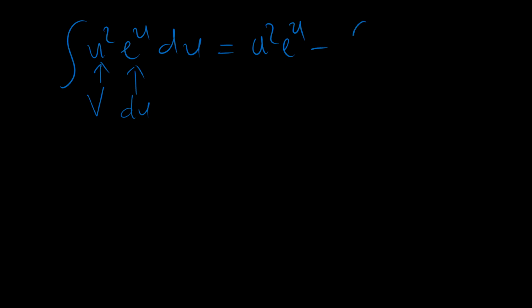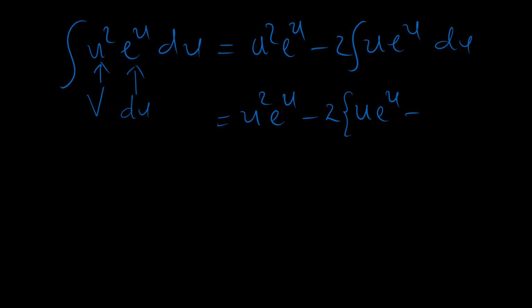Now let's look at our blue integral, which is u squared e to the power u du, and we take this to be v and this to be du. So this becomes u squared e^u minus the integral of the derivative of u squared, 2u e^u du, and this becomes u squared e to the power u minus 2 in brackets u, a chain approach, right?